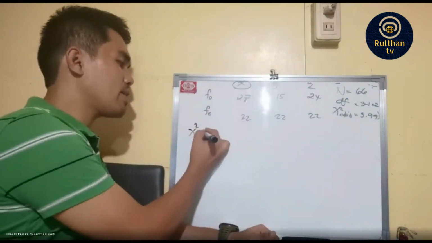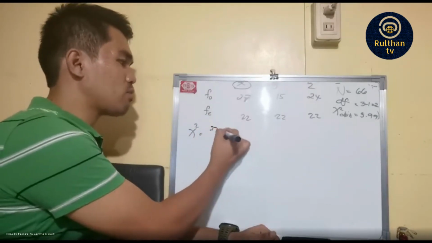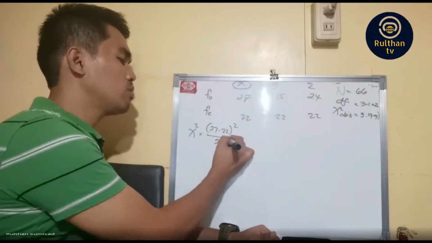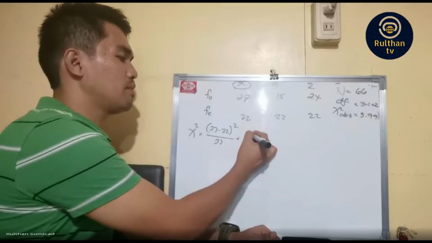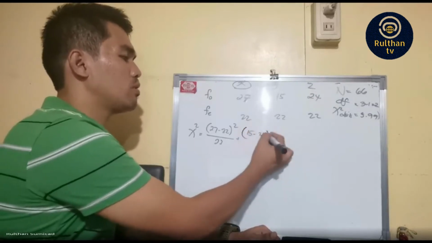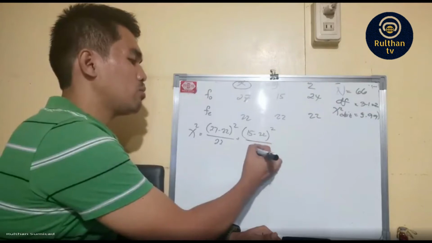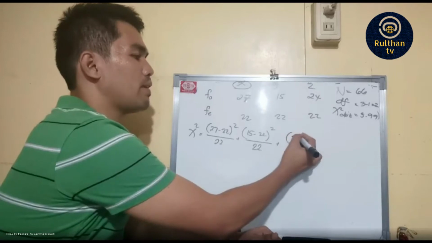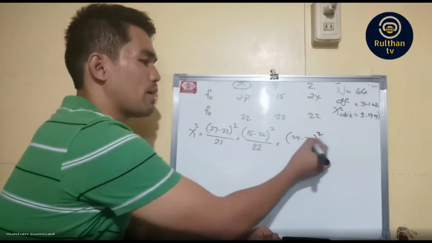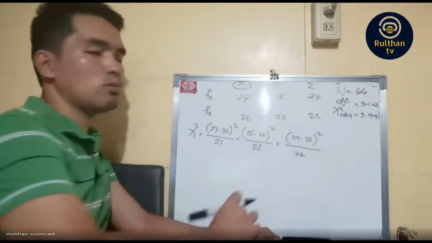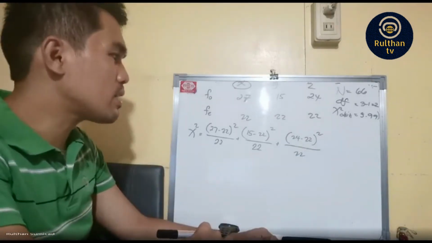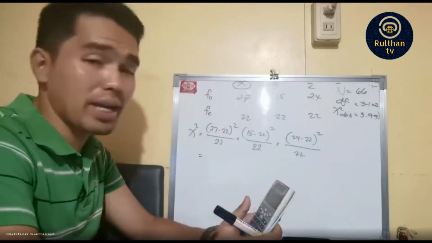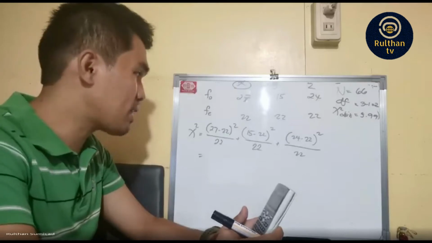So that's chi-square. We have 27 minus 22 squared divided by 22, plus 15 minus 22 squared divided by 22, plus 24 minus 22 squared divided by 22. So in this situation, we just have to solve for this to answer whether we can reject the null hypothesis at 5% level of significance.